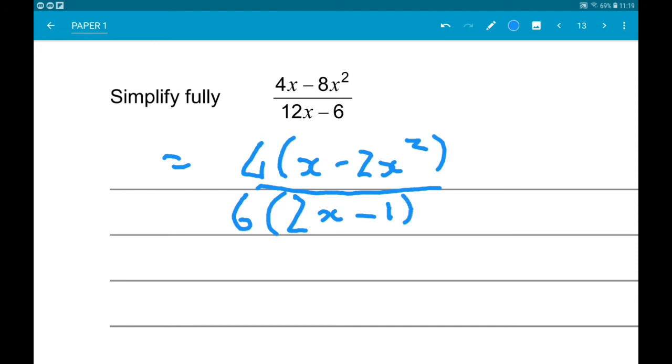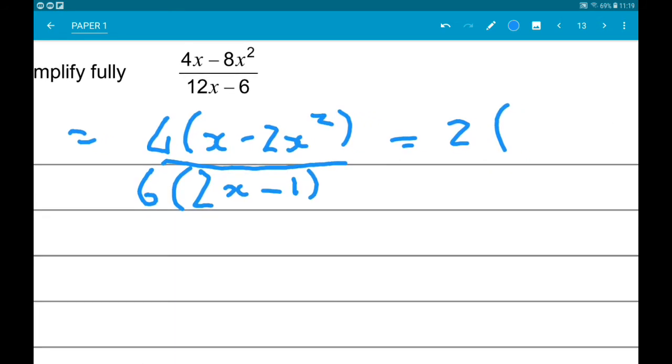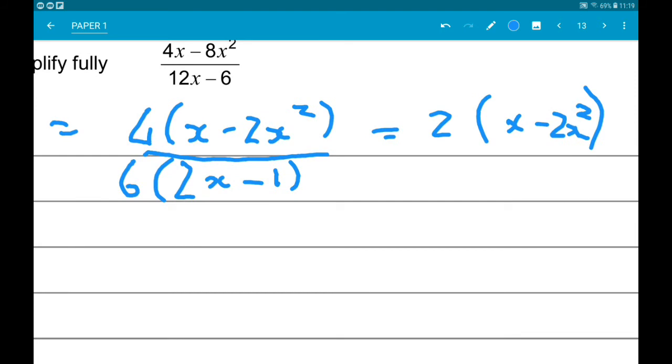Now, between 4 and 6, there's a common factor of 2. So we can rewrite this as 2 lots of x minus 2x squared over 3 lots of 2x minus 1.